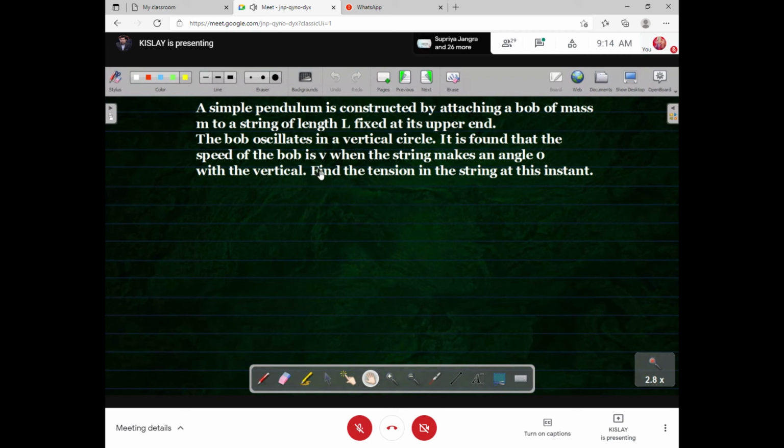It is found that the speed of the bob is v when the string makes an angle theta with the vertical. Find the tension in the string at this instant.